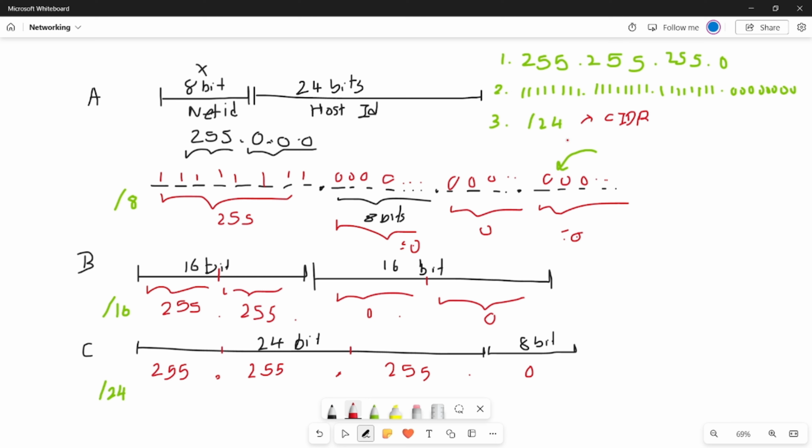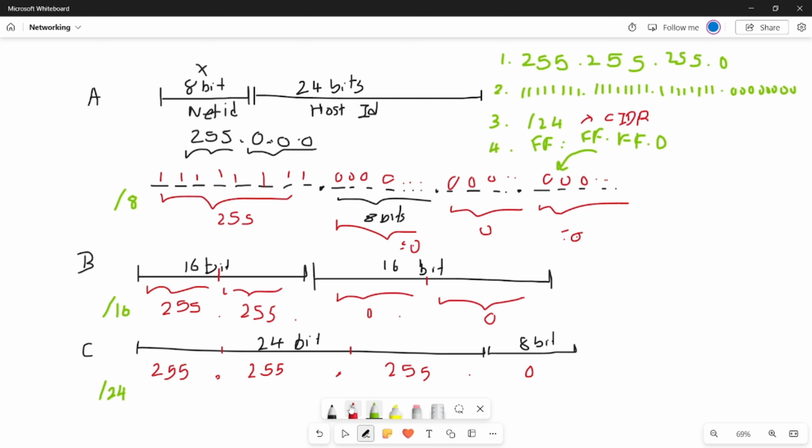So there is another way to indicate this, which is not commonly used for indicating the subnet mask of an IP address: we can define this as a hexadecimal format. So we can write this subnet mask like this. So the same subnet mask, 255.255.255.0, we can write in 4 different ways.